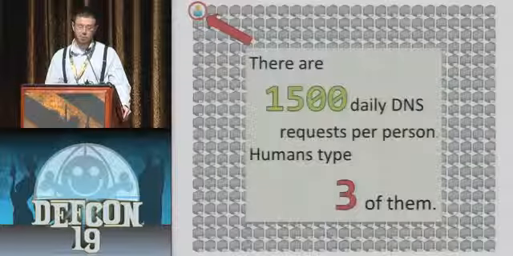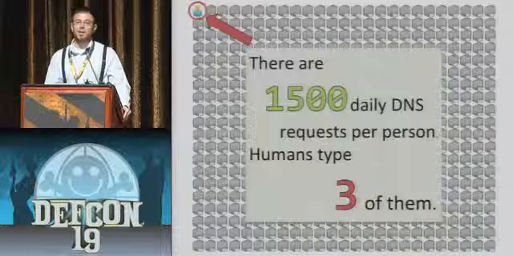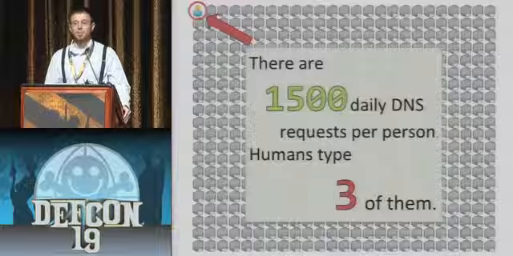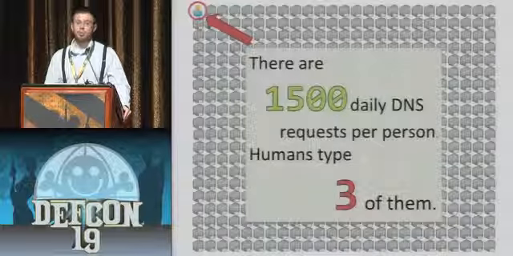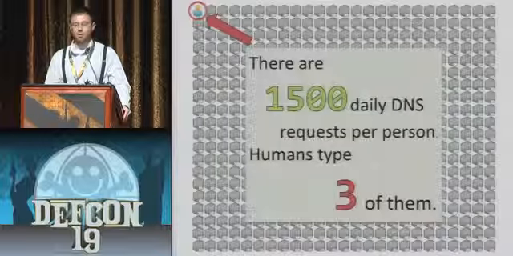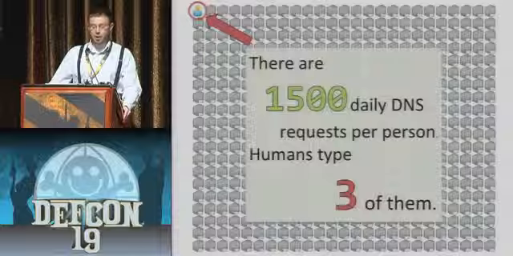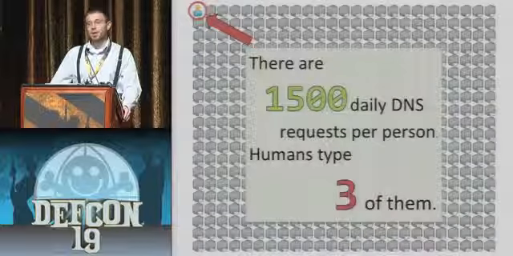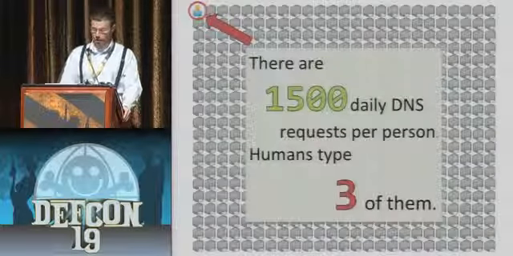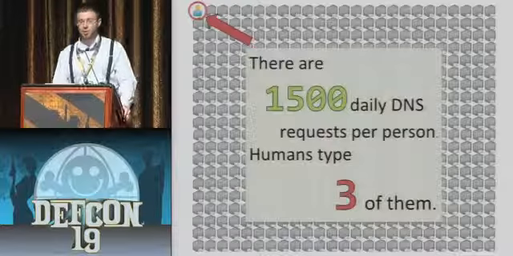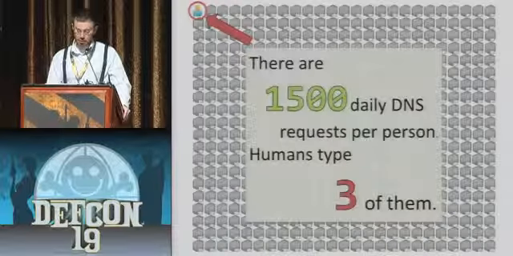Another website, visualeconomics.com, calculated that people go to 89 different domains a month. Prorated, 2 per day, that's 3. So, while typosquatters are going after the 3 domains that you type in, Bitsquatting goes after the 1,497 that you don't. And how can you take advantage of these 1,497 domain lookups?